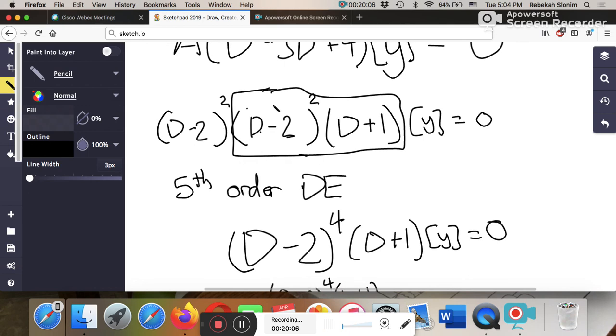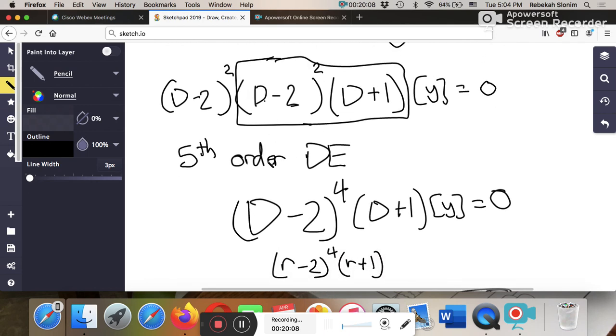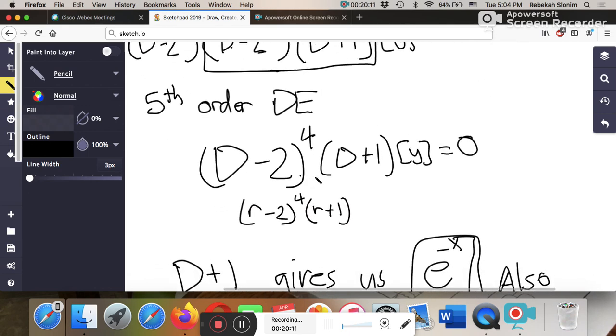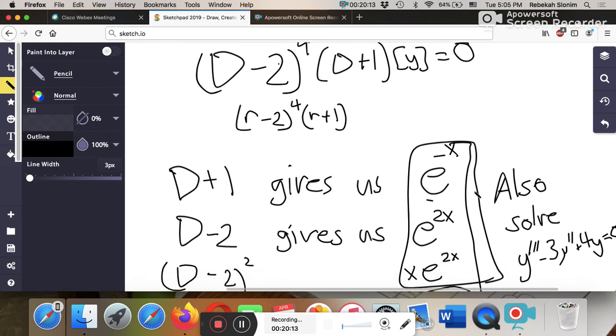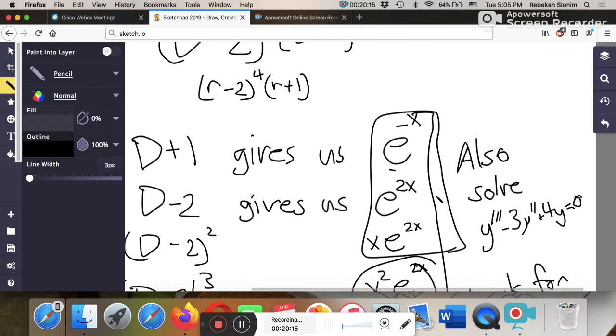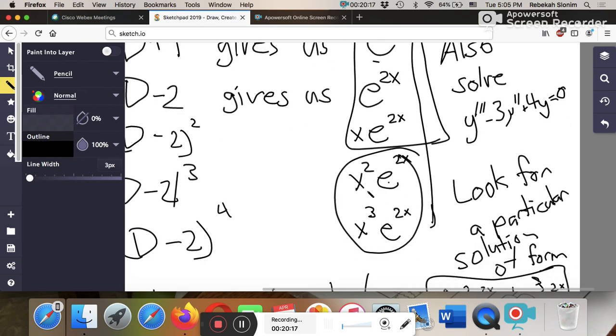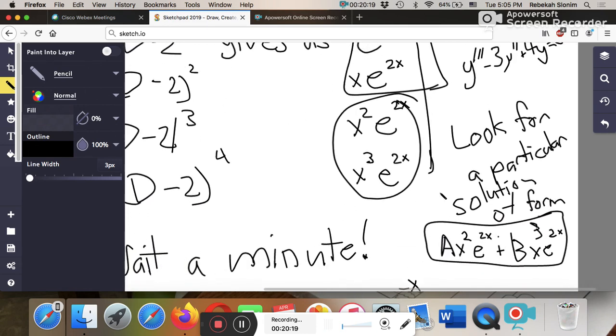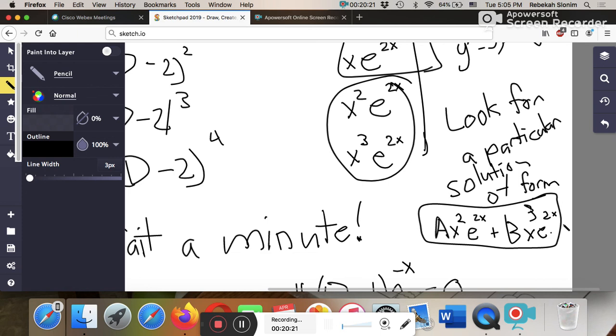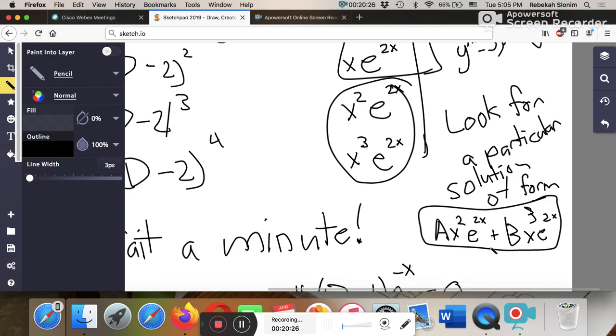We know how to find the solutions to that, and from there we can figure out which solutions will also solve the original homogeneous equation. We can ignore those and then look for a particular solution of a specific form. So the annihilator method was what let us know that this was the right form to look for. Okay, so hopefully that was a good review of the annihilator method.